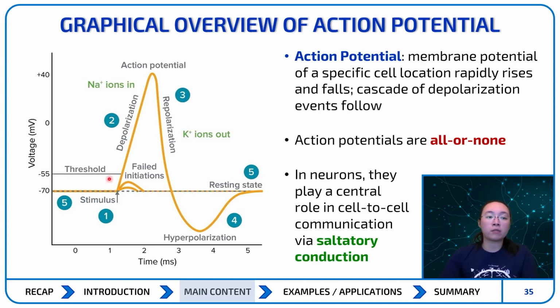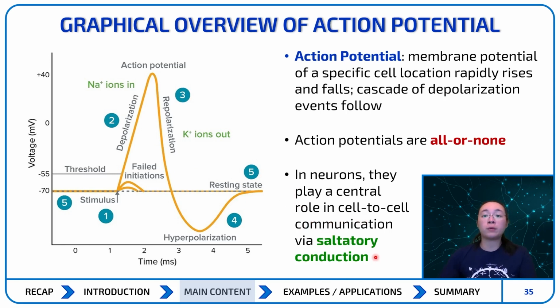If it passes a threshold, there is an action potential that takes place. If it doesn't pass the threshold, it doesn't take place. In neurons, these action potentials are absolutely critical, and they play a central role in cell-to-cell communication through what's called saltatory conduction.